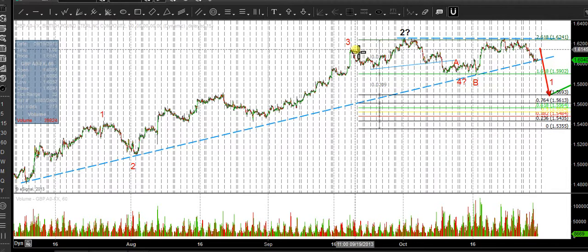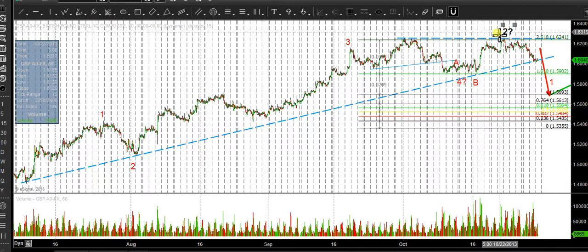Now the reason I had changed this and moved the end of wave 2 over here, and that wave 3 high at that point, is as we see, prices made a double top, and as we know with the waves, this would have been our larger wave 1. If this is our 2, this would be our wave 1, and then the wave 2, but wave 2 cannot retrace to more than 100%.